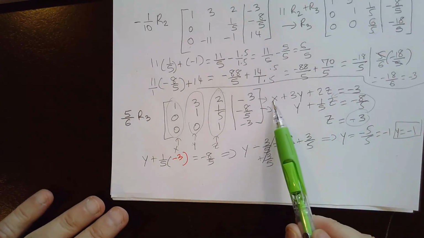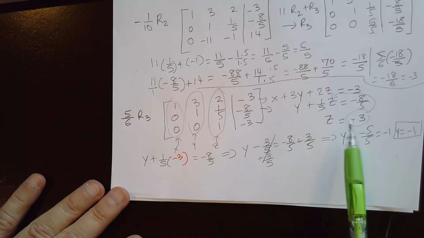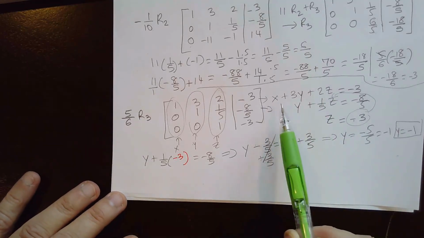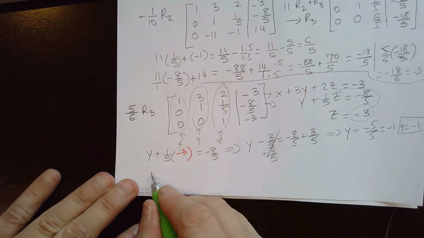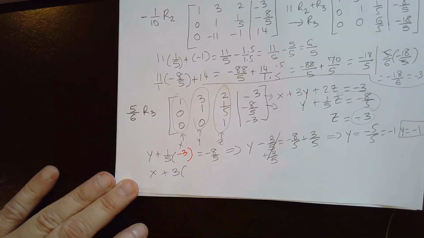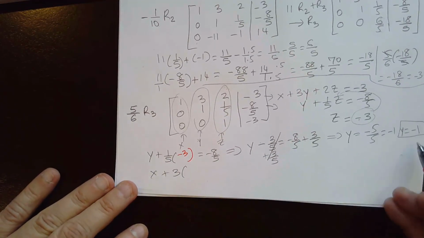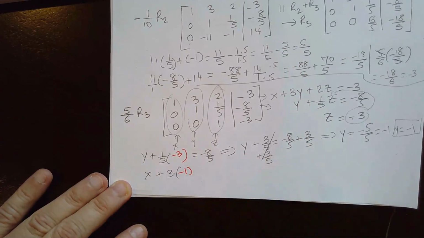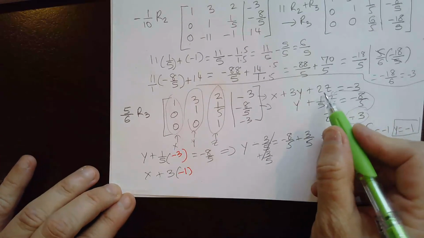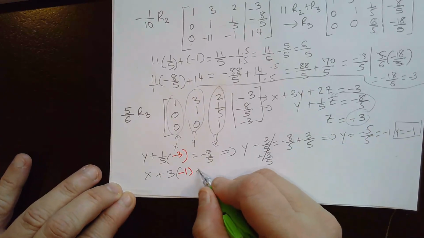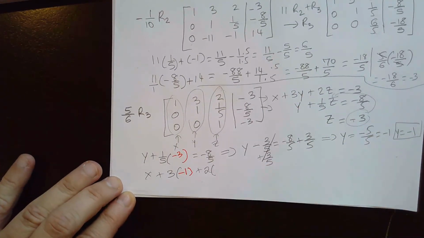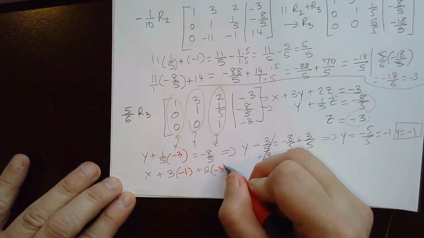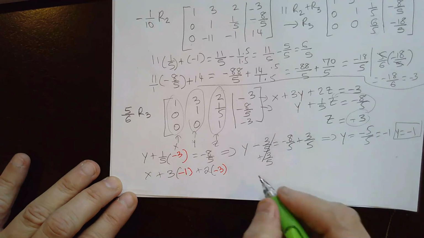So let's go ahead now, plug in y and z in the first equation to solve for x. We have x plus 3y. y is, we just found out, negative 1. Plus 2z. We just found out z is negative 3. Equal to negative 3.